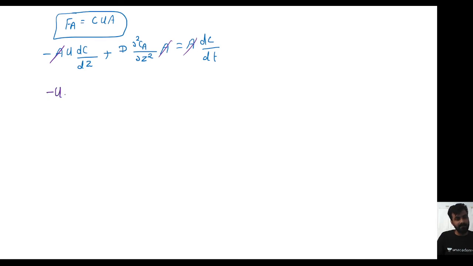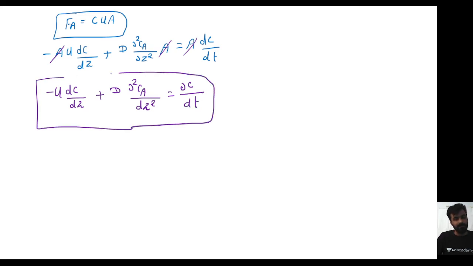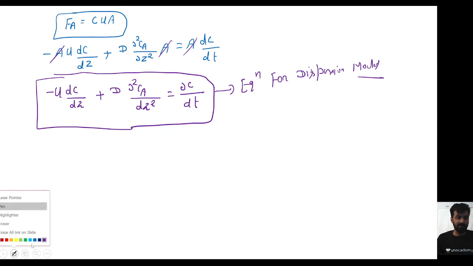Finally, you will be getting U dC by dz plus D del 2 Ca upon del z2 equal to del C upon del t. It's a very important relation, and this relation is called the equation for the axial dispersion model.